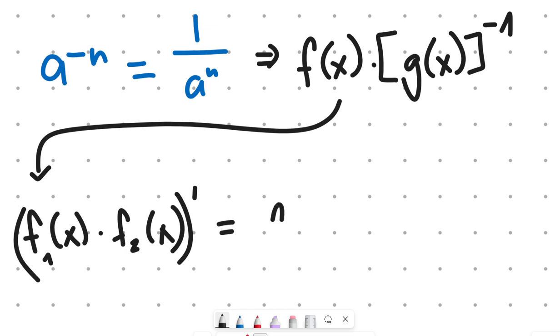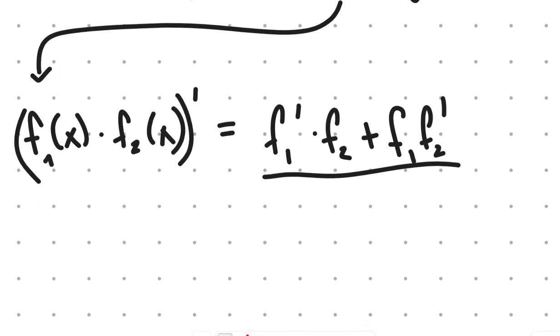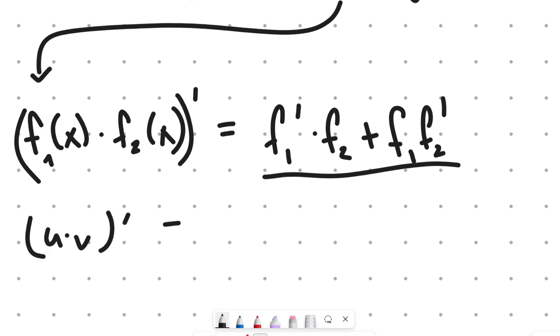Then it's just f1 prime times f2 plus f1 times f2 prime. In other words, if you have the uv rule, the derivative of u times v is u prime v plus u v prime.